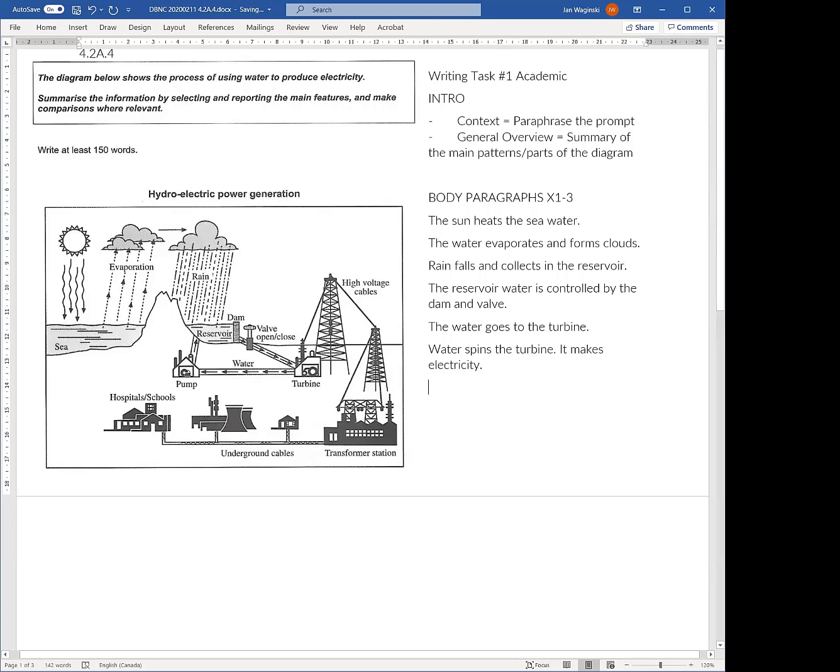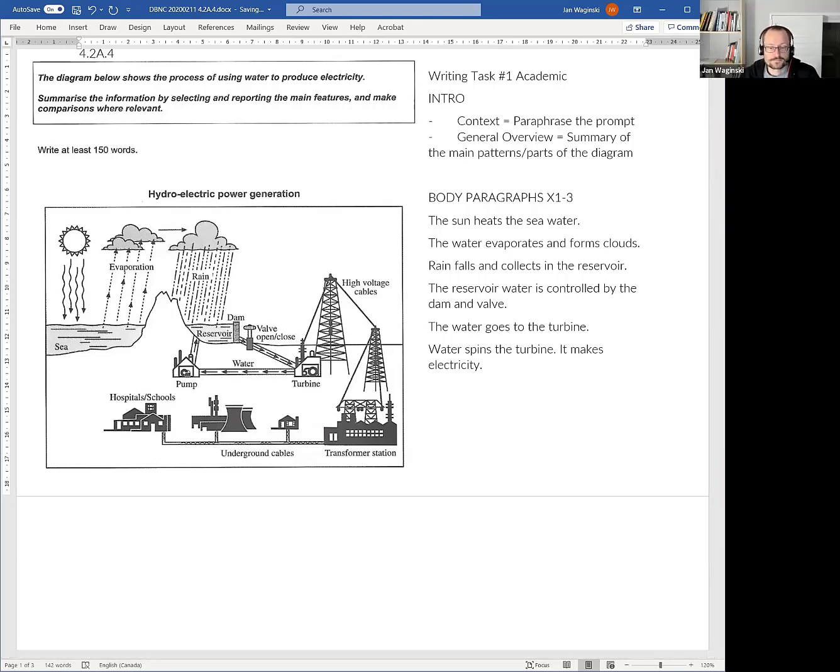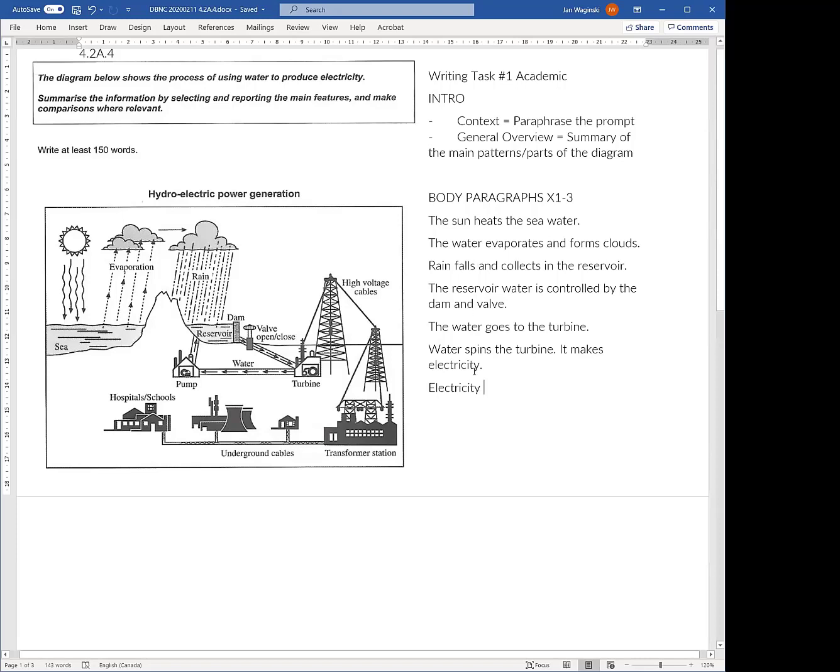The turbine is spun, S-P-U-N, by the water. And here electricity is produced or created. Sure. We've got here, it makes electricity in the previous step. You can word this differently in the final version. We're just going to go through all the steps.